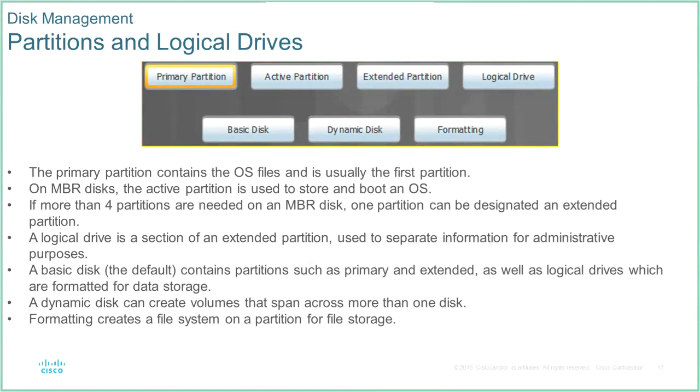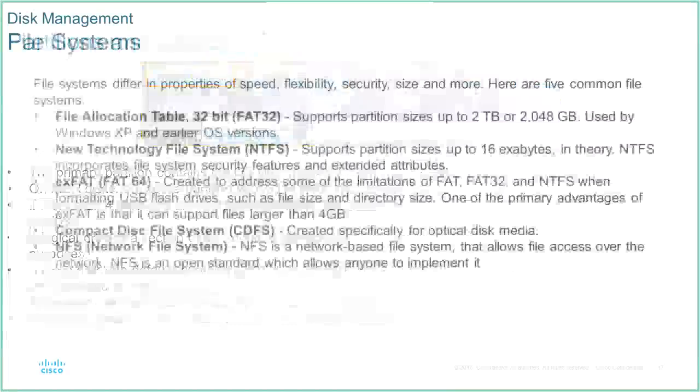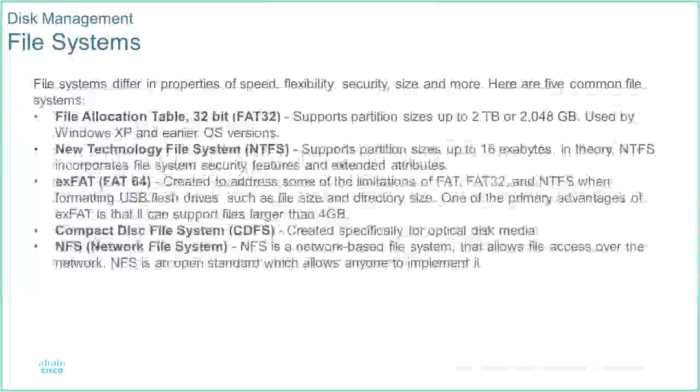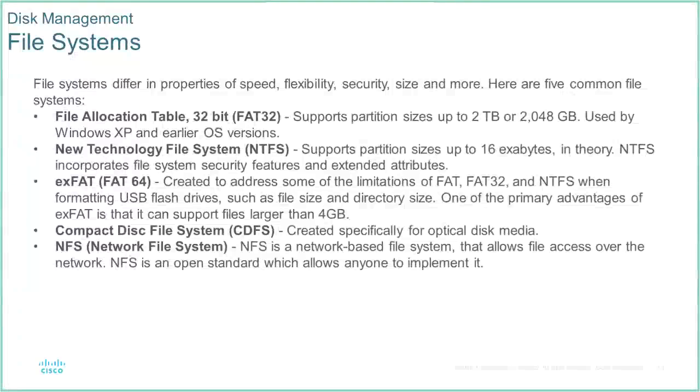Alright, so file systems. This is how the file allocations occur and the tracking of where the files are on your storage device. FAT32, then NTFS, then extended FAT, which is the FAT64, came in, and it can support larger than 4 gig drives.